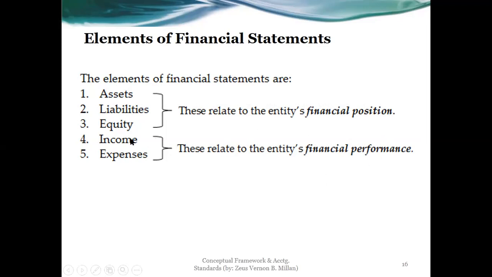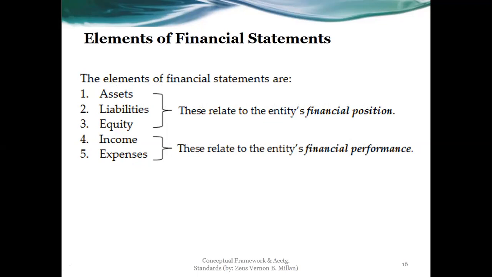The financial performance would be talking about income and expenses, and the difference would be profit or loss. Profit if income exceeds expenses, and loss if the reverse. So that would be the performance, also known as the bottom line, or the profit or loss, or the net income or net loss, or also known as the performance indicator.